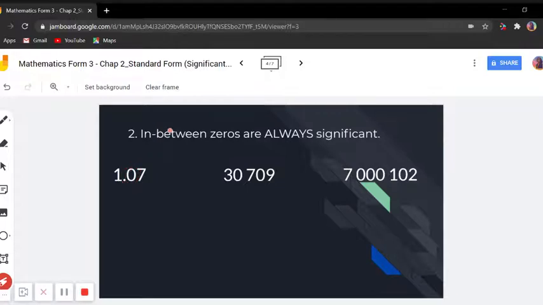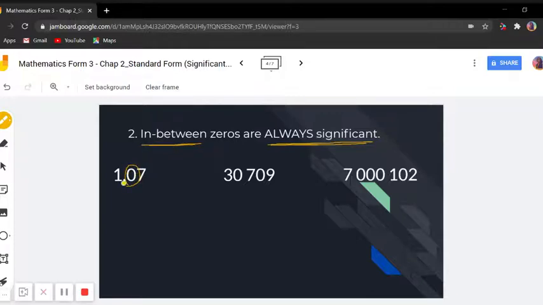Alright, let's take a look at the first example, 1.07. The second rule says in between zeros are always significant. Let's highlight these two keywords: in between, always. The first example shows that the zero is located in the middle.